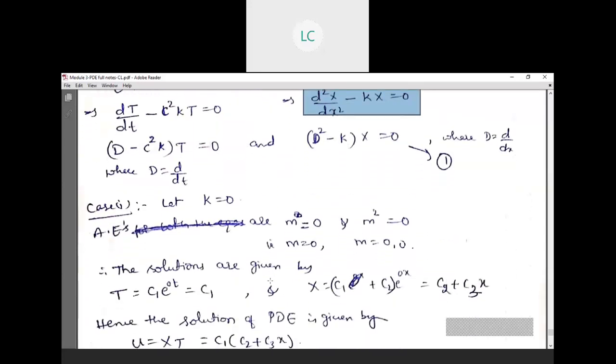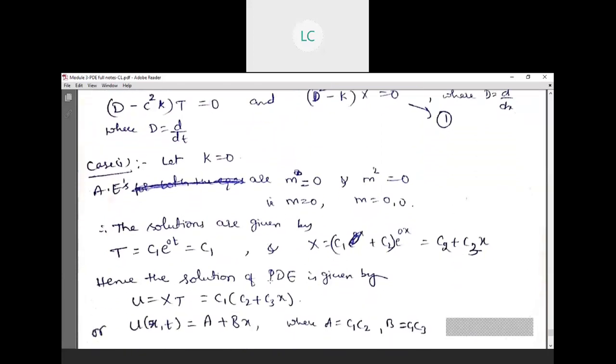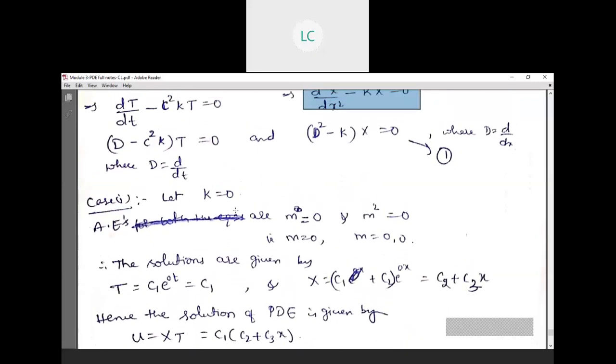Okay. Now find the solutions by using three cases. One is when k equal to 0, second is when k is positive, third is when k is negative. If k is equal to 0, see this equation, this term becomes 0. We'll get the auxiliary equation m equal to 0.